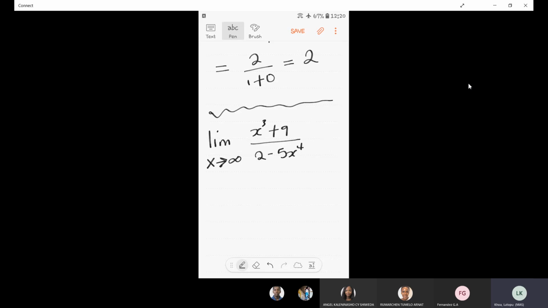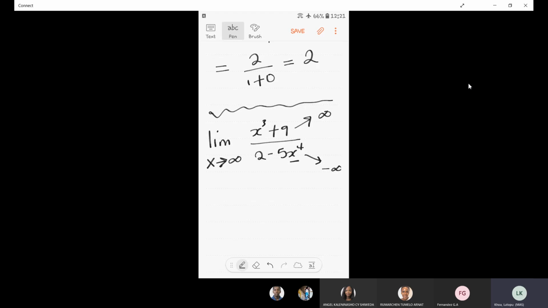Okay, so we want to work out what that limit is. Now we look at the numerator. If x is getting bigger and bigger, you cube it and then add 9. The 9 almost has no effect because your x's are getting very big. So this will just go to infinity because it's just getting bigger and bigger. And then the denominator, what you see is the x to the power 4 is getting bigger, but it's negative. So this is actually going to negative infinity.